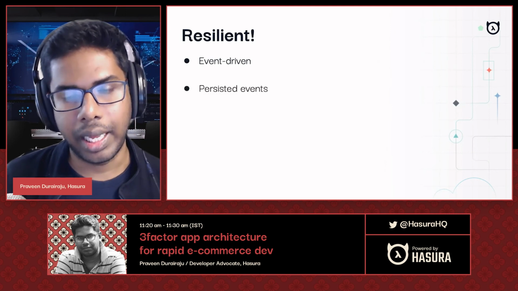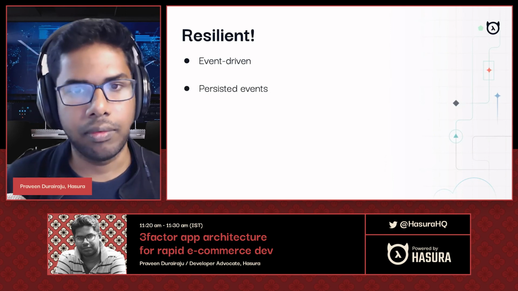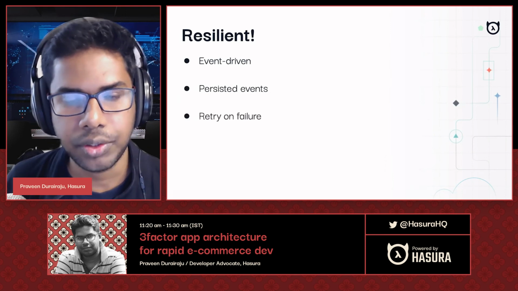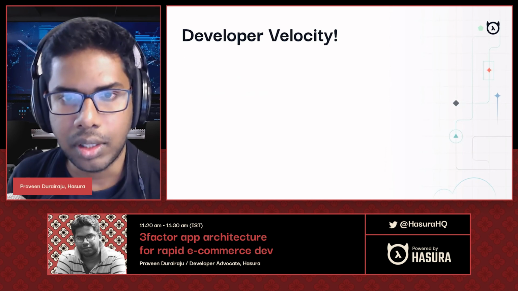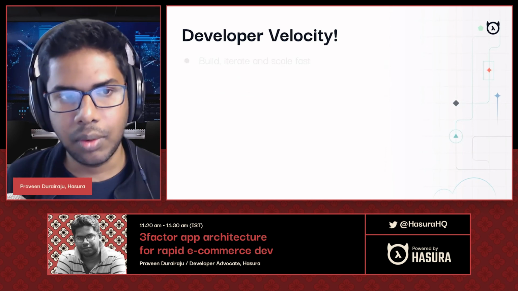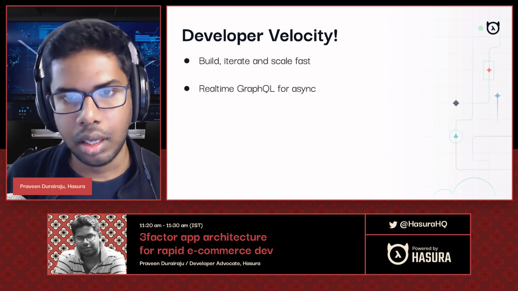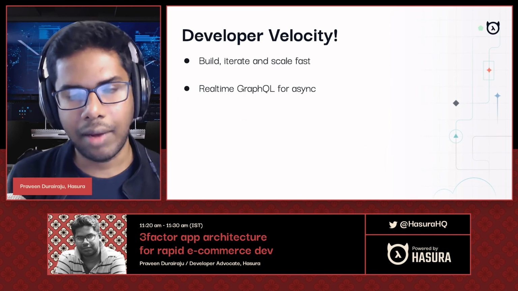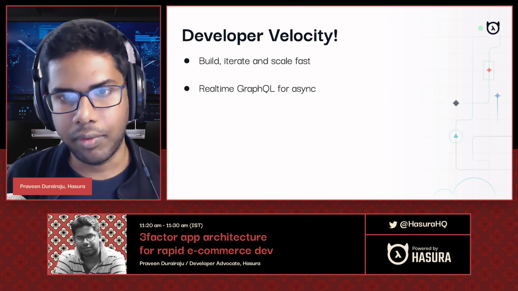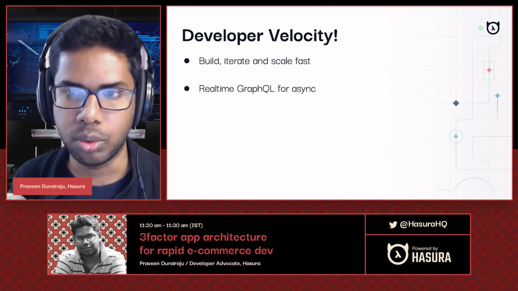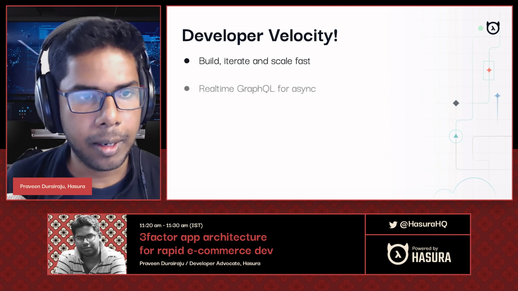So if something happens to your system, if a restart happens, we can start off from where we left off and retry on failure, right? So that's for resilience. And finally, for developer velocity, the API layer is now simpler. You can now build faster and iterate faster. With real-time GraphQL, you also have the asynchronous handling of events on the front end. You have GraphQL subscriptions, which make it easy to get notified of the event state, right?